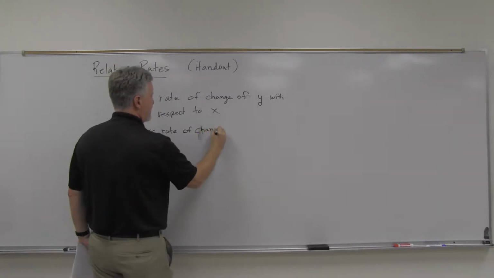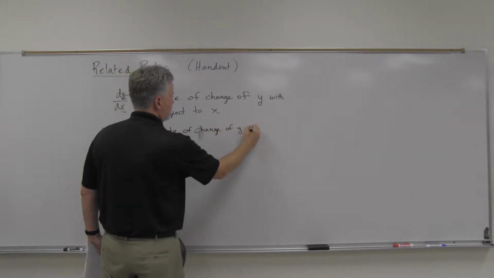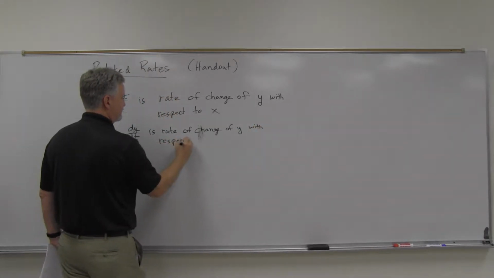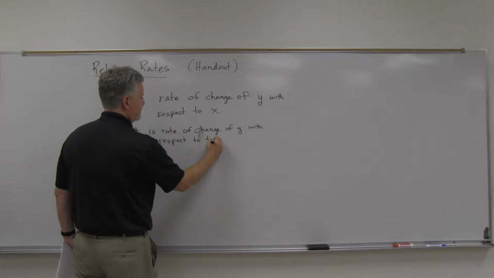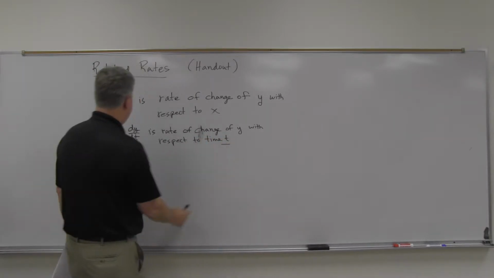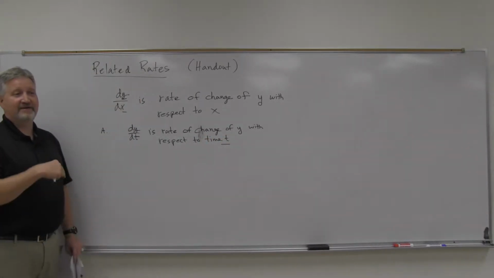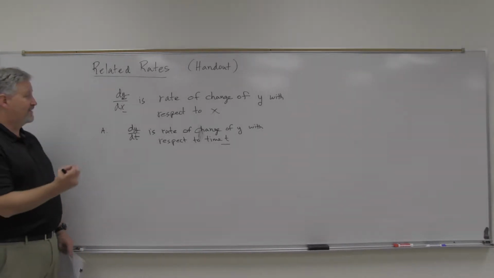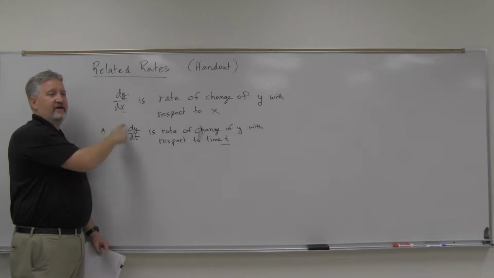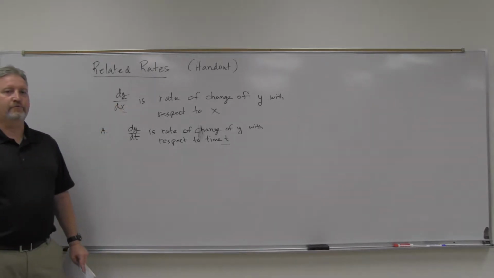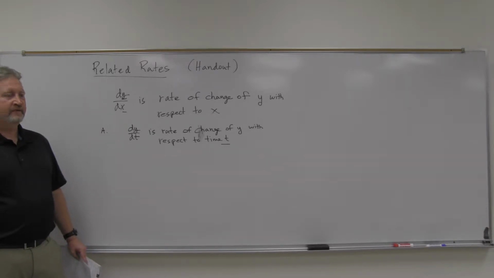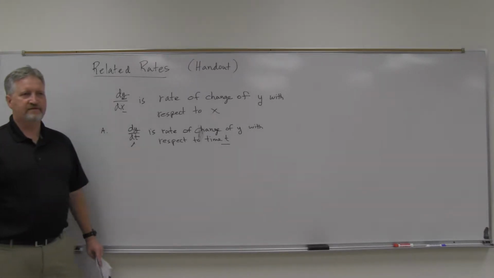The rate of change of y with respect to t, time. Okay? Now, I mention that because that's what we're going to change gears with: instead of doing the derivative with respect to x, we're going to do the derivative with respect to t, usually time t. Okay? So that's a little bit of a change.